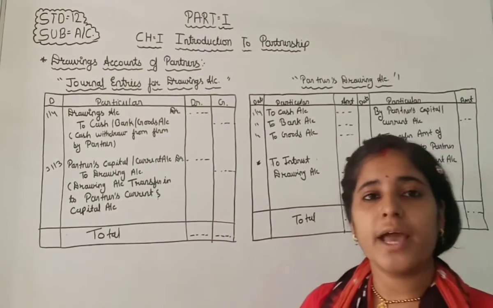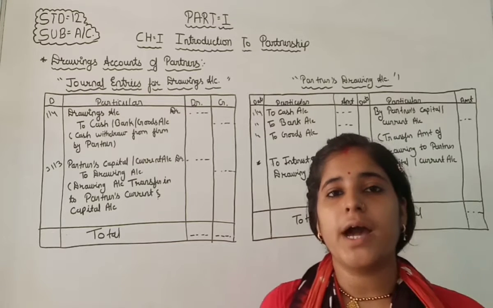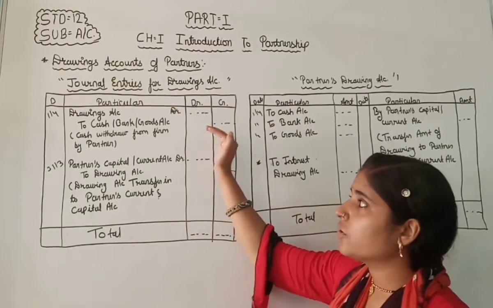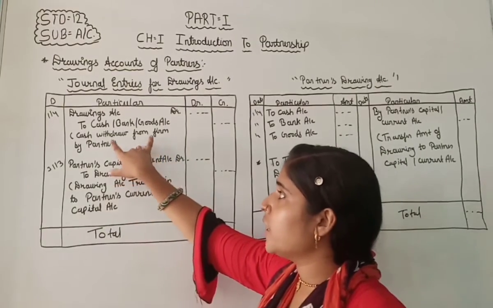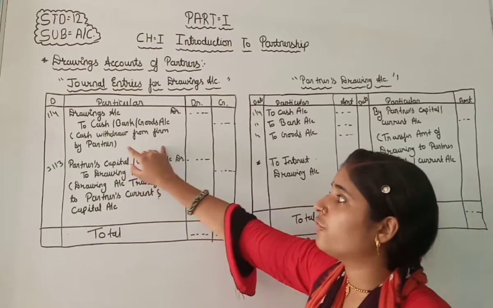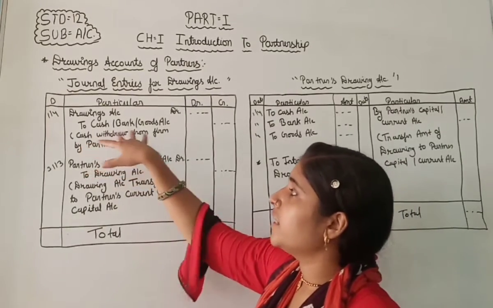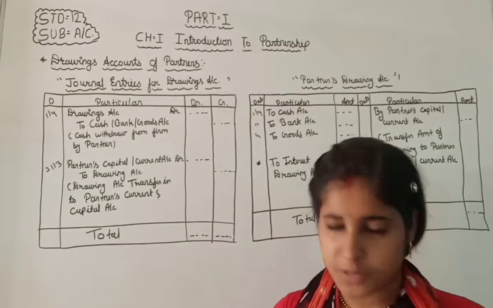Loss and expenses are debit, and income and profit are credit. So drawing account debit to cash, bank, goods account credit. In the description you can write: cash withdrawn from firm by partner. If goods and assets, withdrawn from firm by partner for personal use.